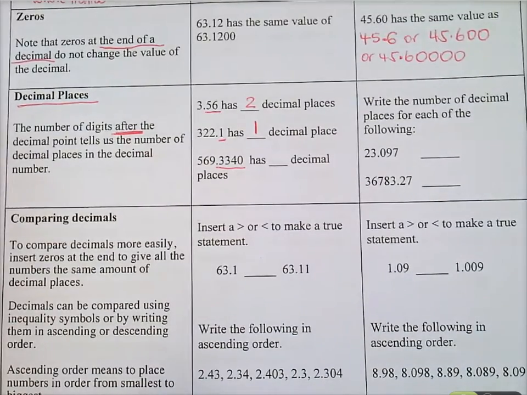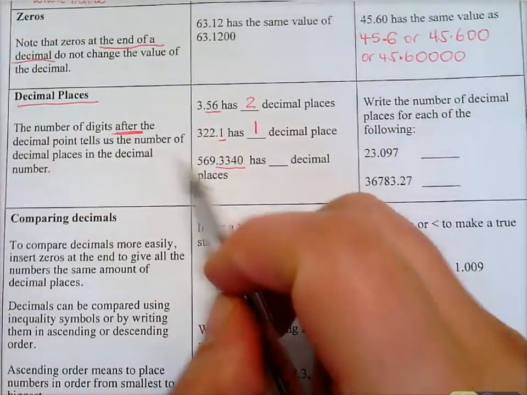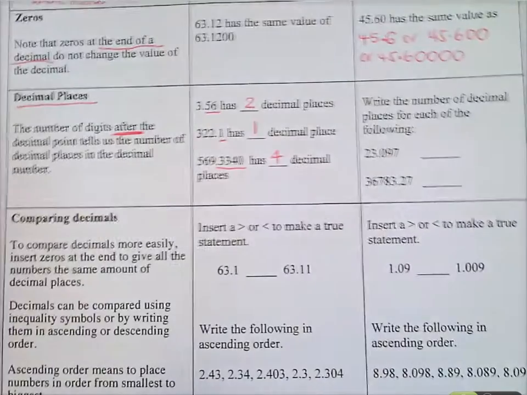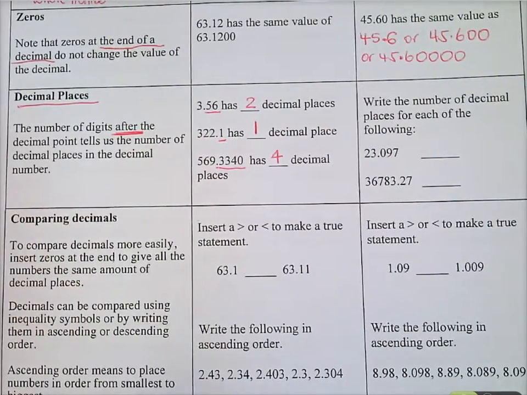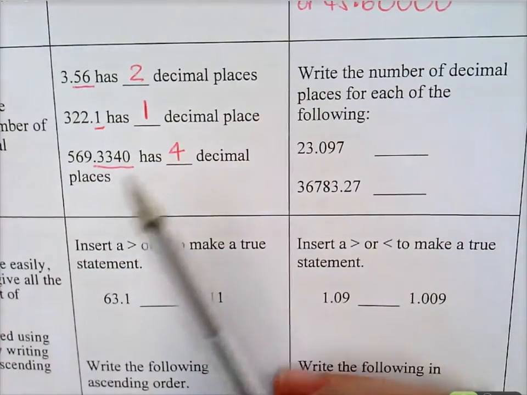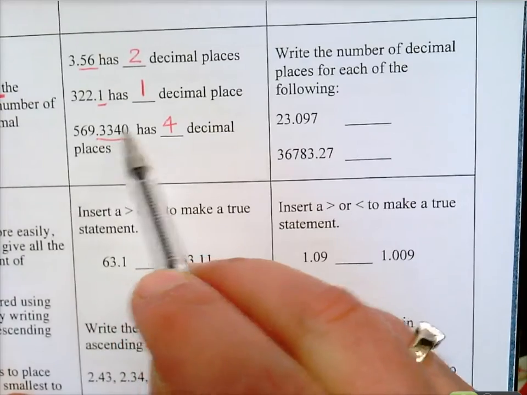Now there's actually 4, even though the 0 doesn't mean anything. It has 1, 2, 3, 4 digits after the decimal point, so it's got 4 decimal places.